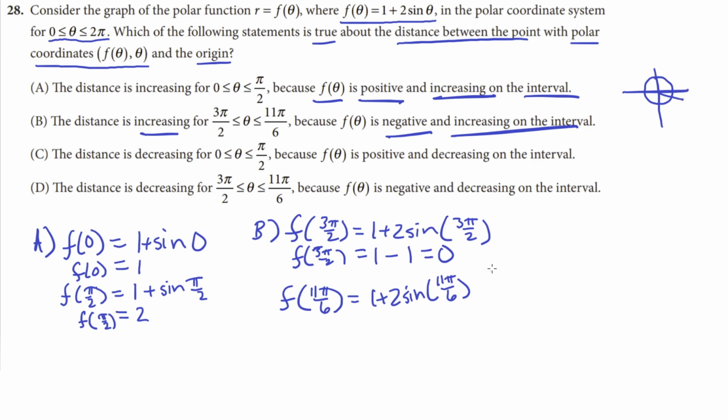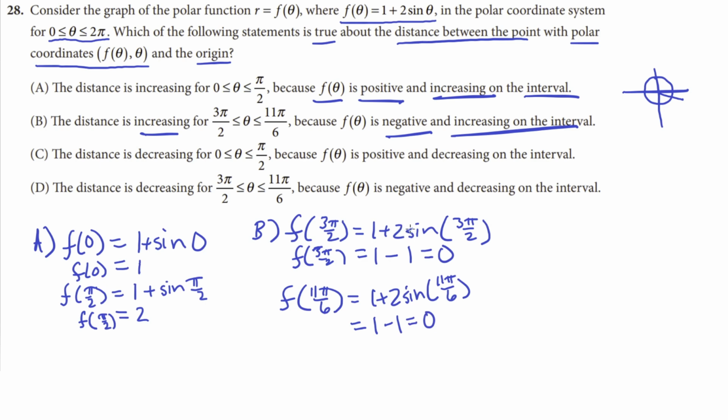We know that the sine of 11 pi by 6 is going to be negative because it's in the bottom two quadrants, and we know that sine of pi by 6 is just equal to 1/2. So sine of 11 pi by 6 is equal to negative 1/2. And then 2 times negative 1/2 is equal to negative 1, so we'll have 1 minus 1, which is equal to 0.